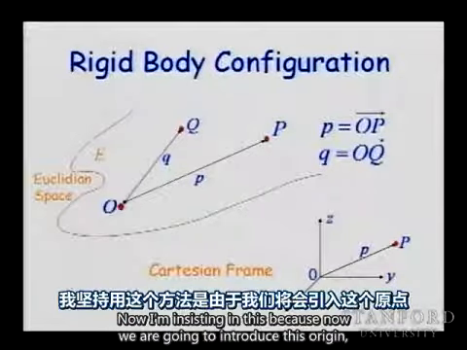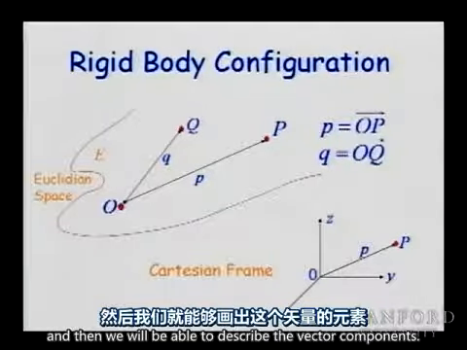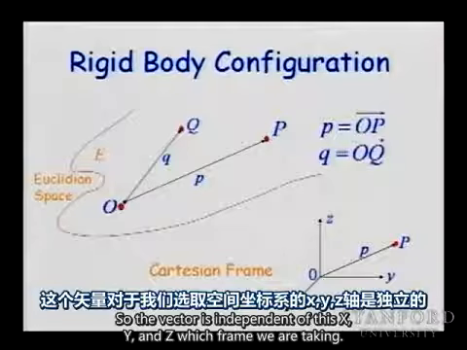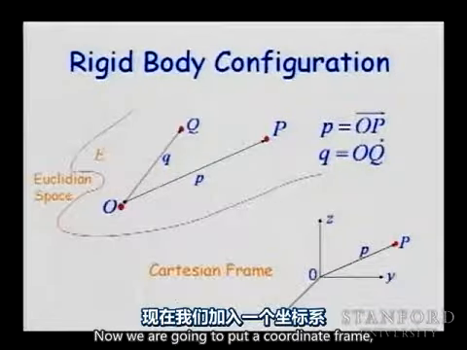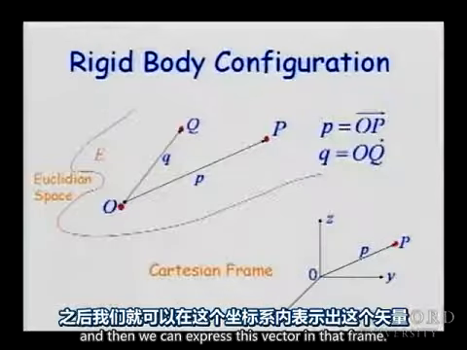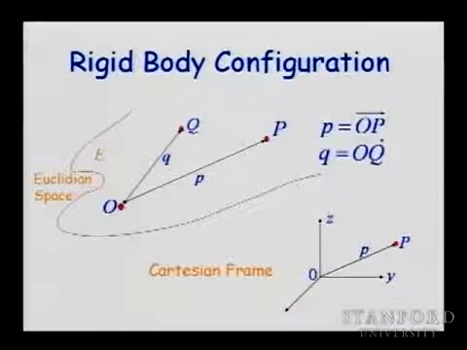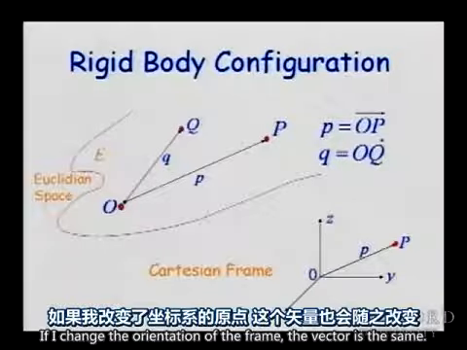Now, I'm insisting on this because now we're going to introduce this origin, and then we will be able to describe the vector components. So the vector is independent of x, y, and z, which frame we are taking. Now we're going to put a coordinate frame, and then we can express this vector in that frame. If I change the orientation of the frame, the vector is the same.